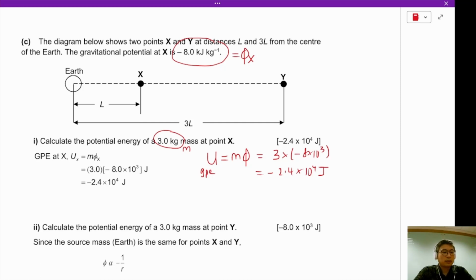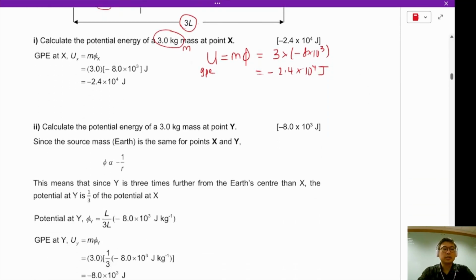Now, what about the potential energy of a 3 kg mass at point y? You notice that they did not give us the potential at y, but they gave us instead the new distance from the center of the Earth. In order to handle this, we can use the formula phi is equal to minus GM over r.